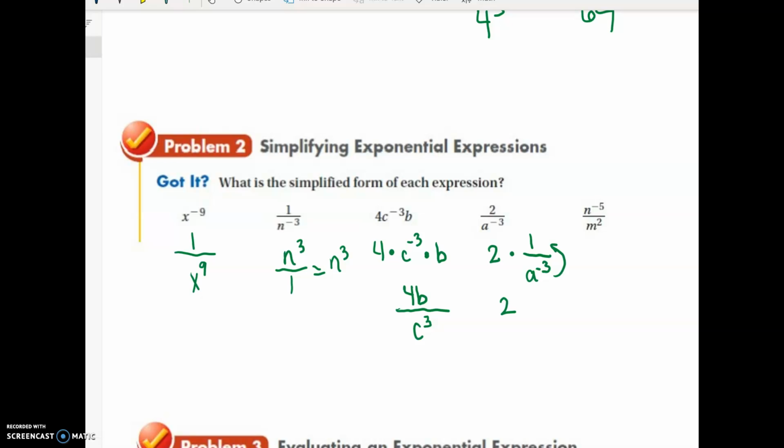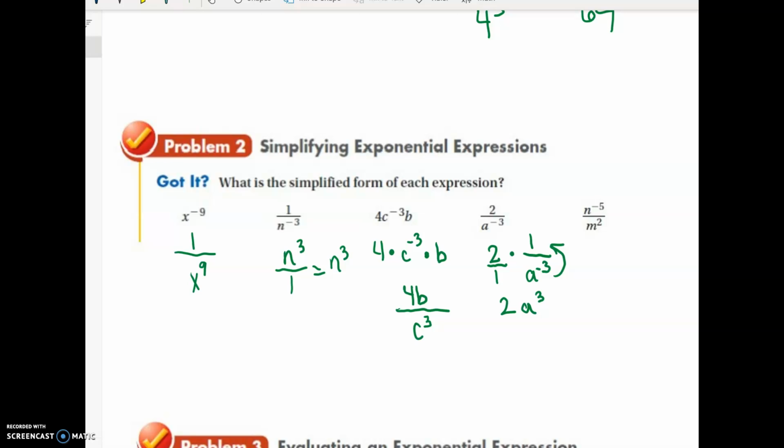So I would flip that, and the a to the third is now on the top with the 2. And you could think of this as 2 over 1 also, if that helps. Okay, so our final answer would just be 2a to the third.